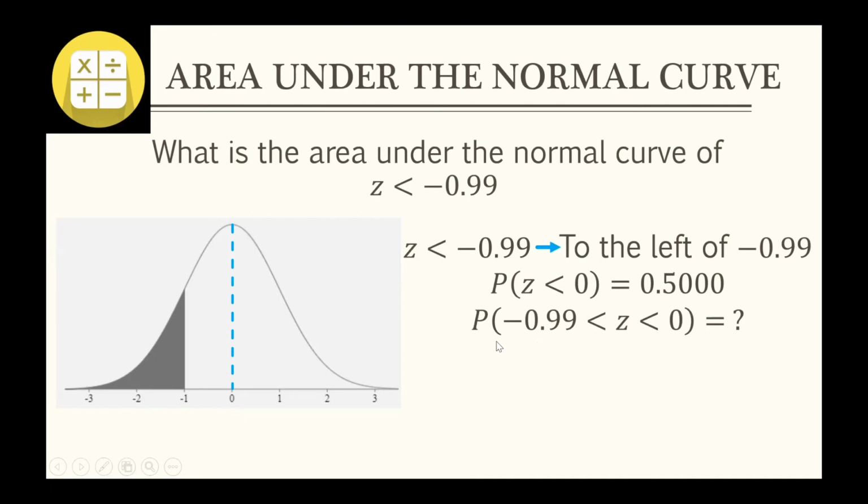And we're going to get the probability from negative 0.99 to 0 from the standard normal table for z. To get the probability of z less than negative 0.99, we're going to choose whether we're going to subtract the probability of this from negative 0.99 to 0 from 0.50 to get the probability of z less than negative 0.99.